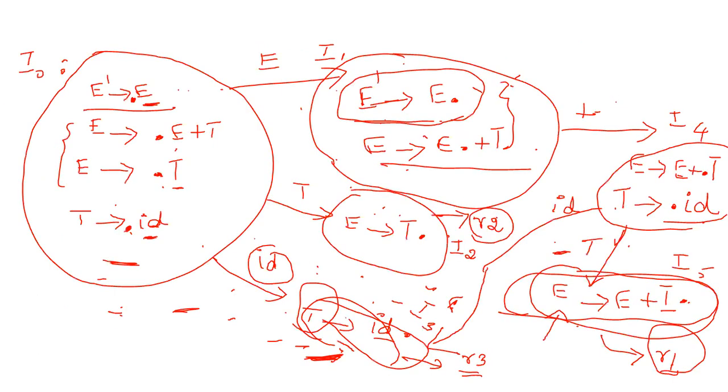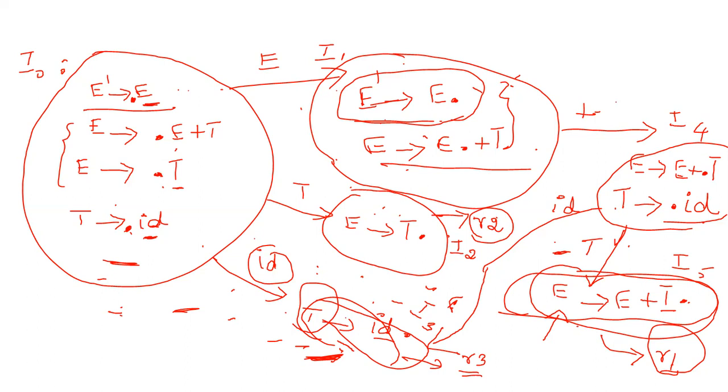For I1, I won't give any non-terminal input; only terminal input I will be giving. For I2, I won't give any input. For I3, I won't give any input.